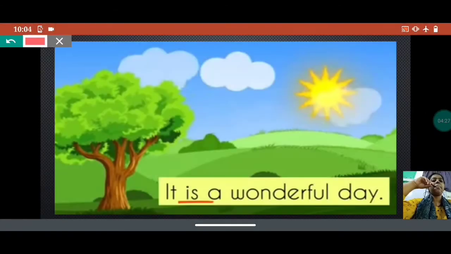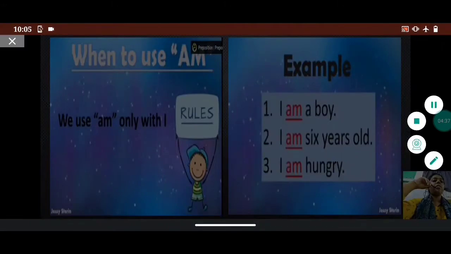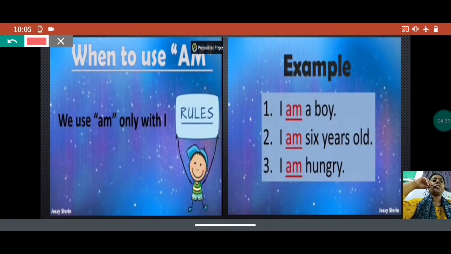Now the next example is: it is a wonderful day. We are talking about only one day. So it is a wonderful day. When to use am? Now let us see where we can use am. We use am only with I. Okay, I is the best friend of am and it never leaves am and goes with others.